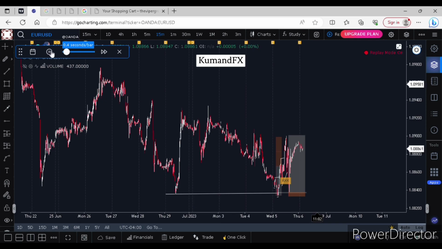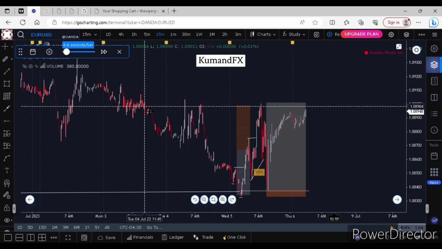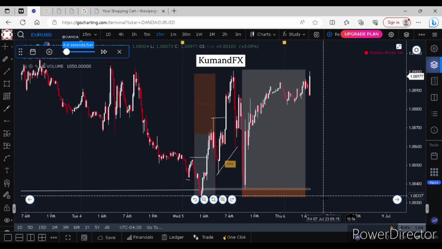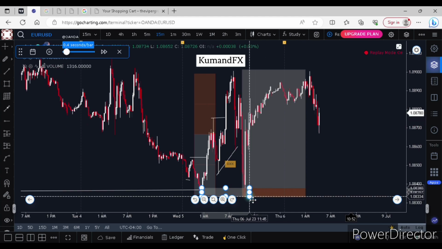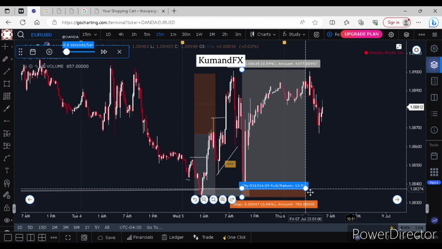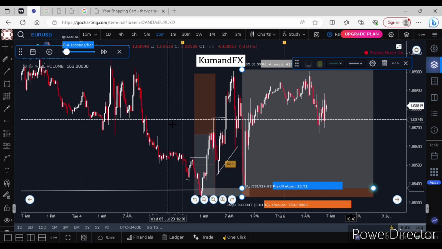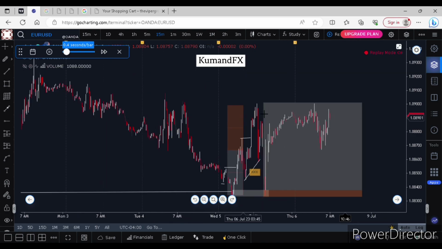So you understand that this current price leg that we just analyzed is only a retracement. It's only a retracement, but it's a long retracement. All right.